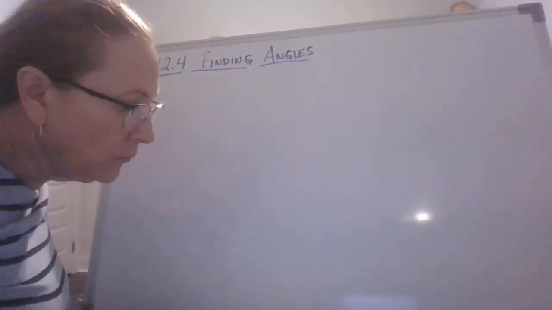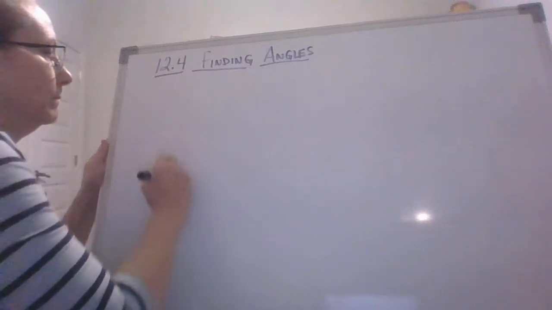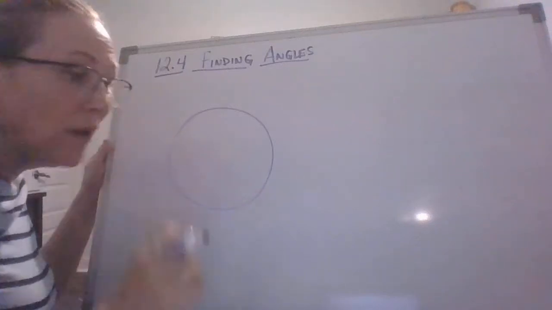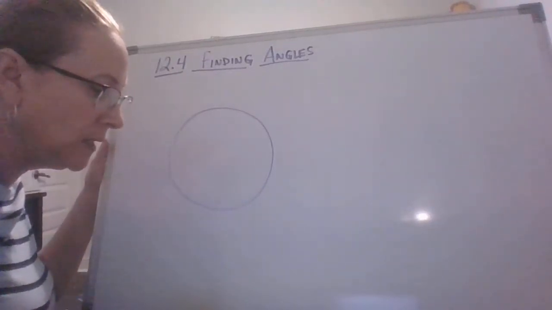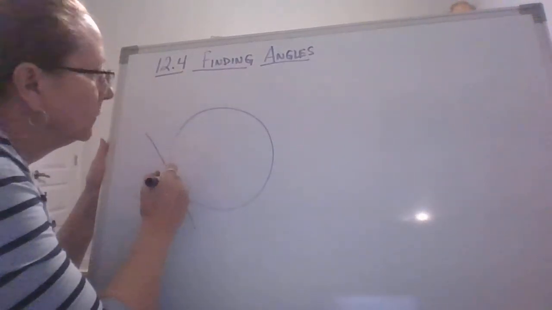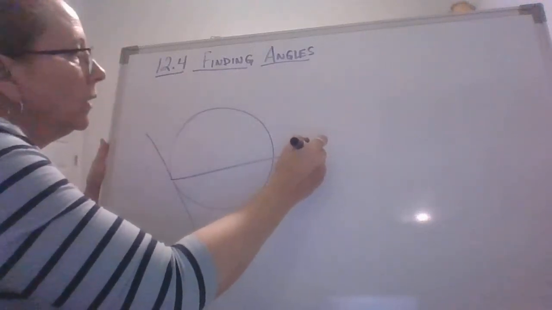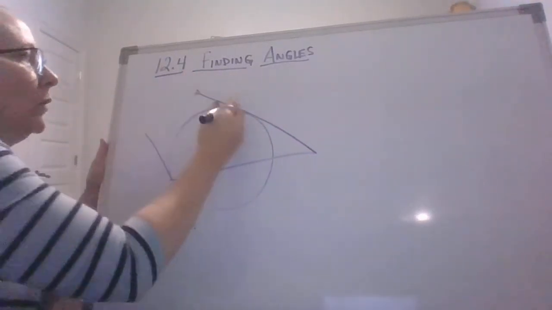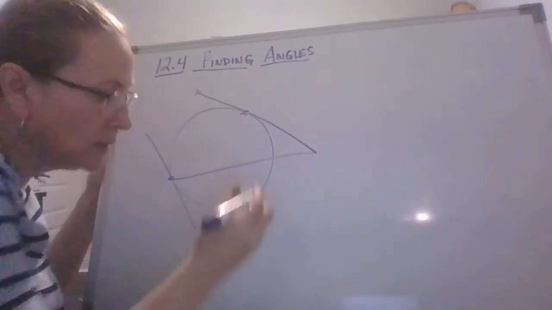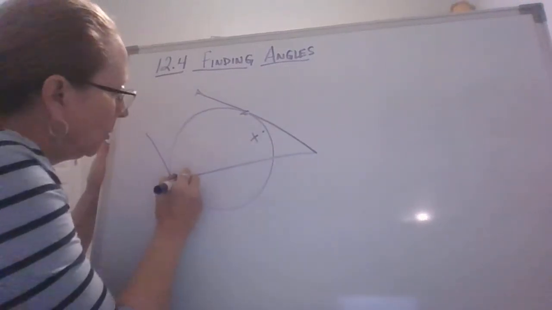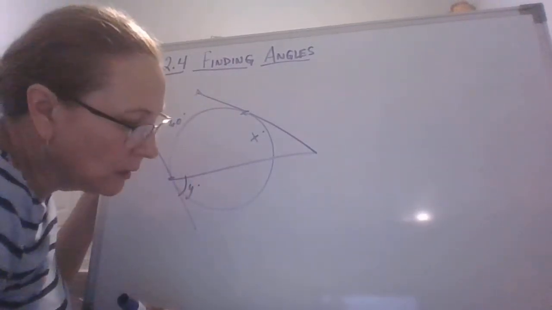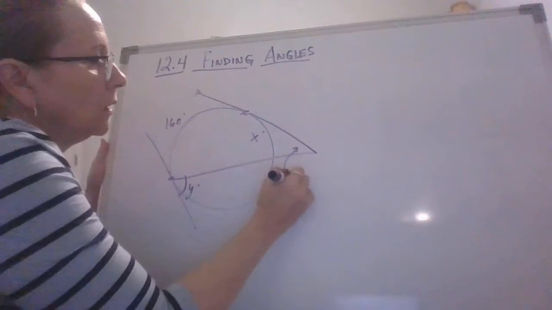Well, let's take a look first at this one, odd number 7 on page 562, just in case you wanted to look it up. So we have a tangent over here, an angle outside the circle here, and another tangent. Good. Okay. So that looks pretty reasonable. They want us to find arc X and angle Y, and they give us 160 here and 50 degrees here.